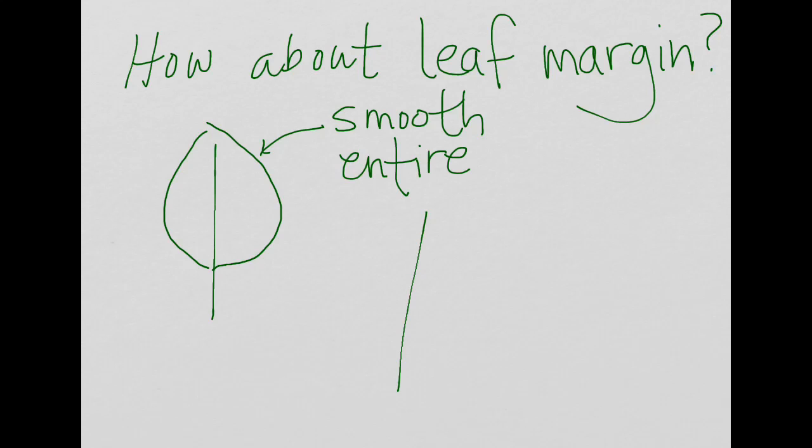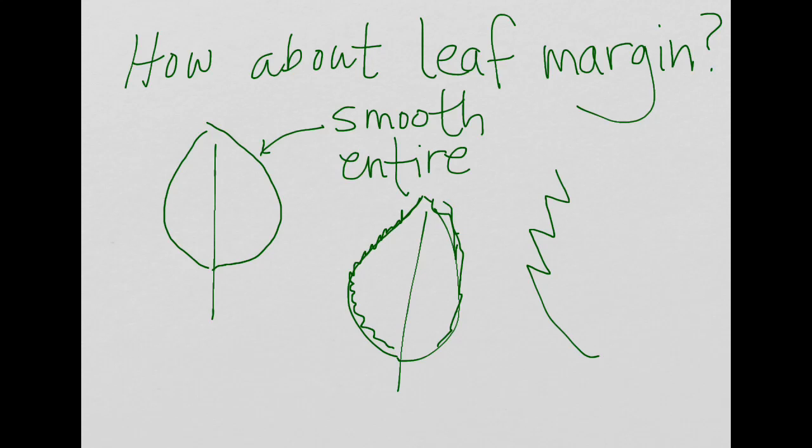And so a serration on the leaf margin could be very fine teeth, or you could actually have a deeply serrated margin with very heavy teeth.